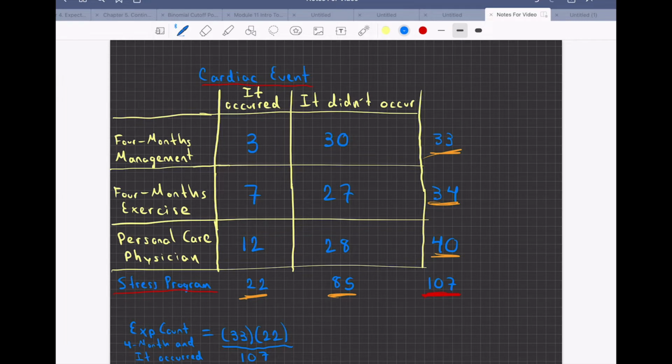So I repeat. For this one, for example, we want to compute the expected counts. Go to the total in the row, 33. Go to the total in the corresponding column. This has the row 4 months and the column it occurred. 33, total of the row, times total of the column, divided by the grand total.